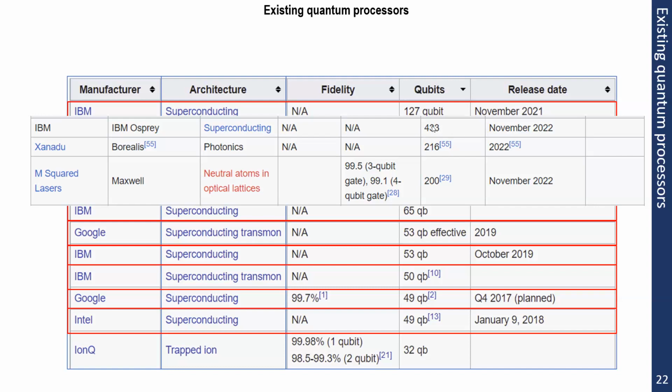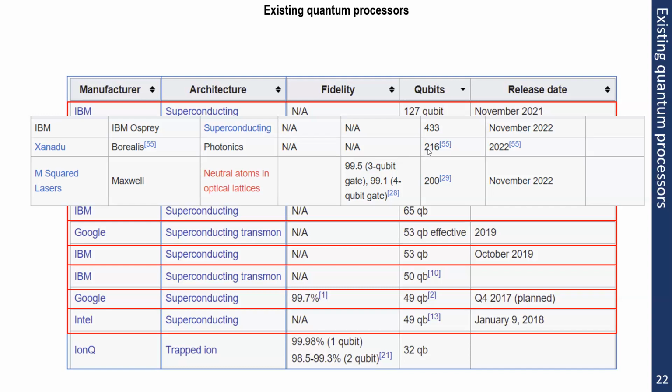And in a couple of years, we're expecting a system with 1,000 qubits, and we expect this number to grow over the next many years. So as I said, we need a system with at least a few thousand qubits to be able to do some practical things. And we're going to get to a few thousand in maybe 5 years or 10 years at most.